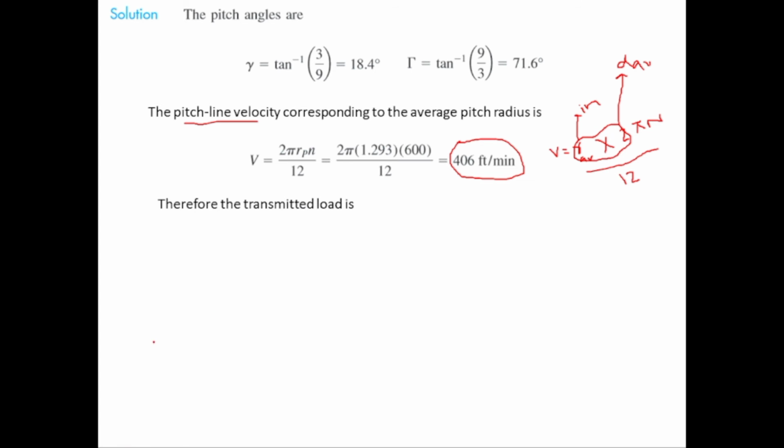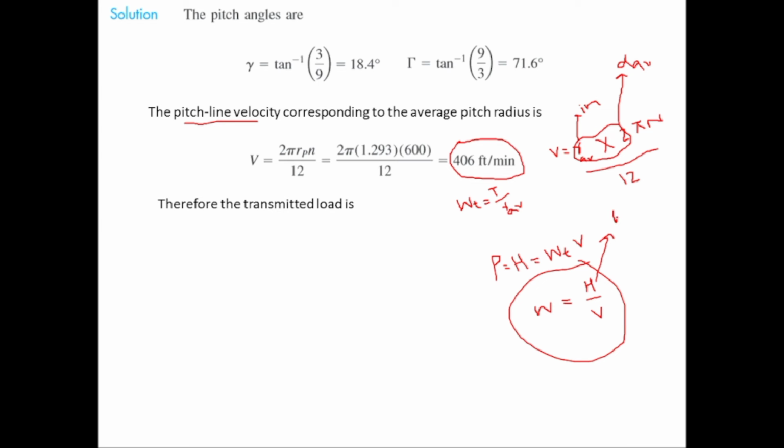Now the tangential force is equal to T by R average. We also know that power transmitted, which is represented by H, is equal to F into V. Here the force responsible for the power transmission from one shaft or gear to the other is equal to Wt. So H equals Wt into V, so Wt is equal to H by V. If power is given in horsepower, then replace horsepower by 550 lbf into feet, and velocity will be in feet per minute.